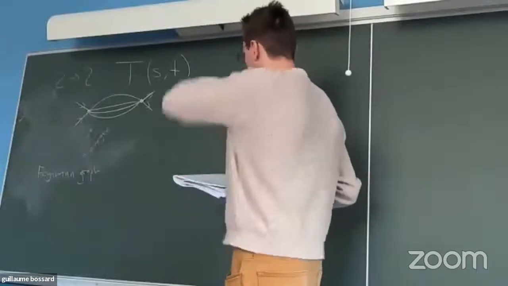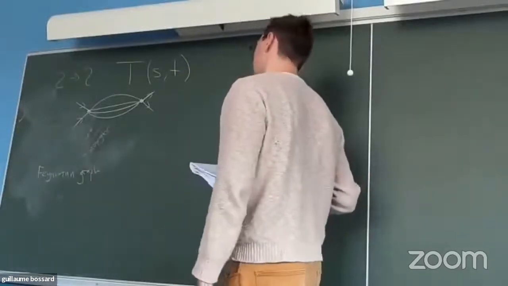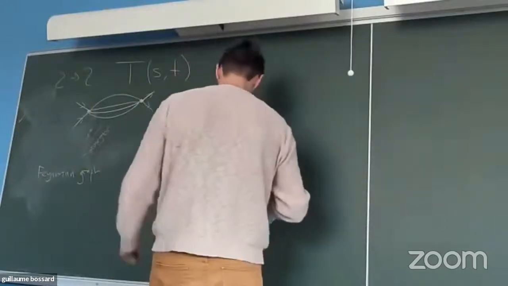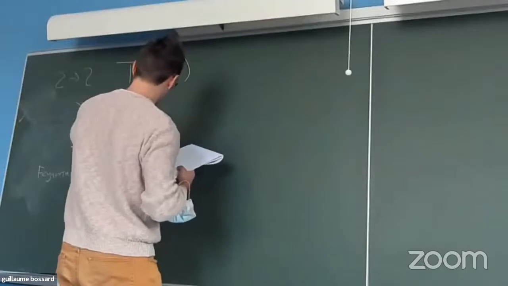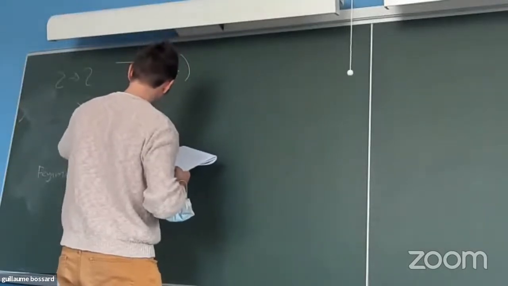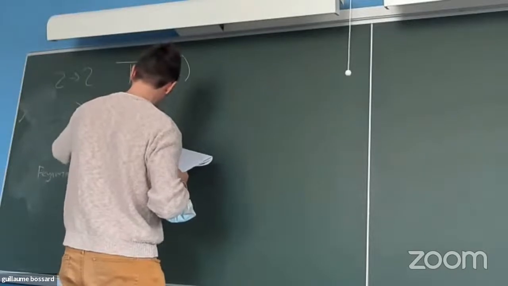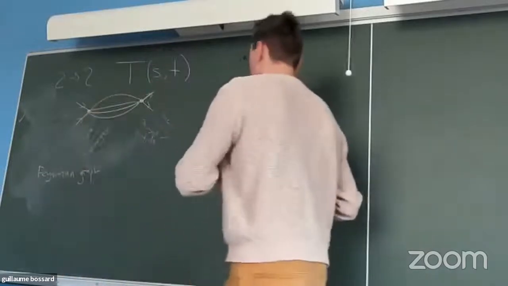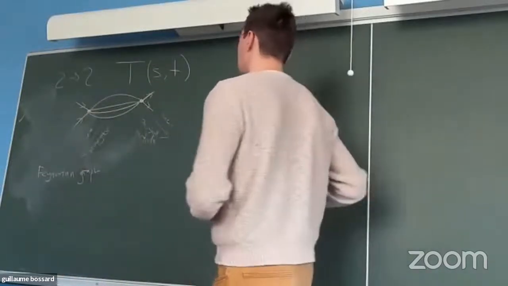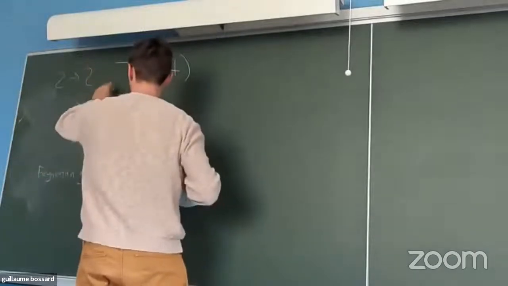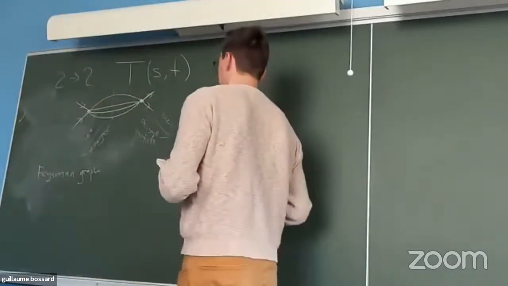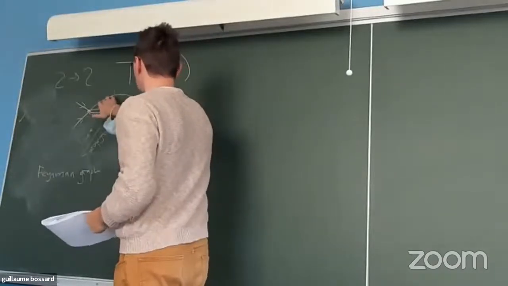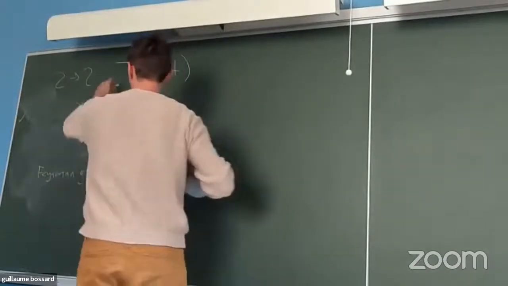But there is another way you can think about this graph, which is the following. If you imagine that every line on this graph corresponds to an on-shell particle, then let's say there are n lines.